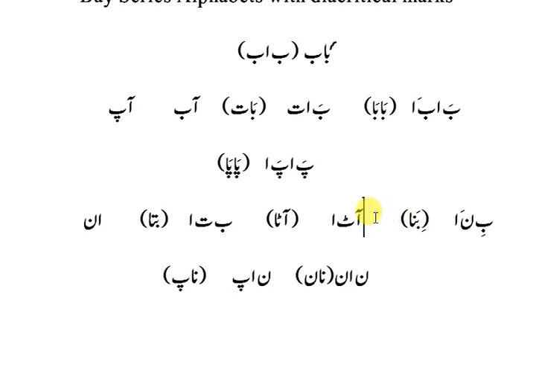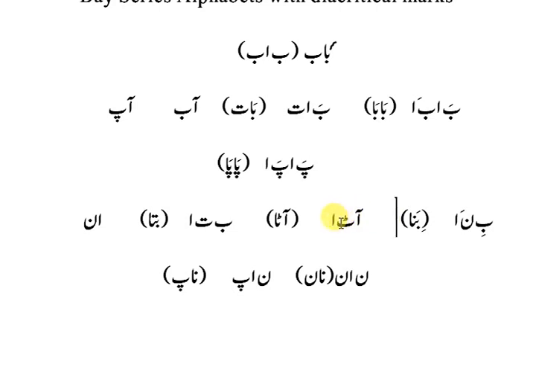Okay, it's bina. Be has a diacritical mark under it. It is pronounced like a b sound. The Noon has a diacritical mark over it. It is zabar sign, so the whole word would be bina.